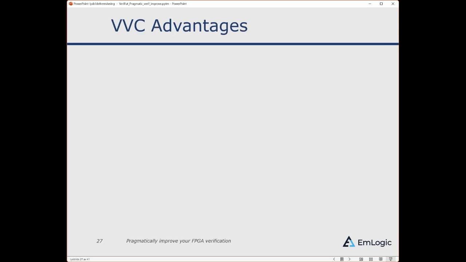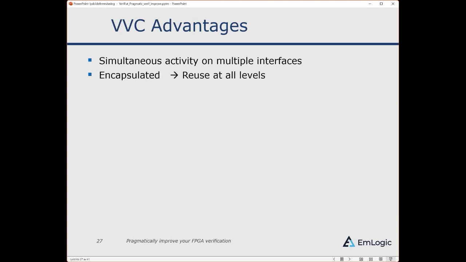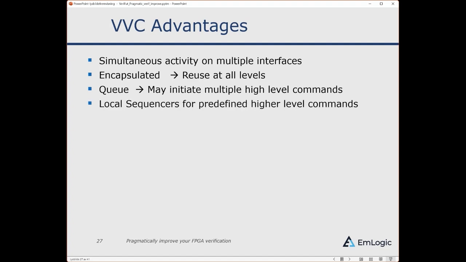So we looked at these verification components, and what are the benefits of those components? Well, you can have simultaneous activity on multiple interfaces. That's extremely important. They are encapsulated, so you can have easy reuse at all levels. Queuing allows you to initiate multiple high-level commands. You can have local sequencers.